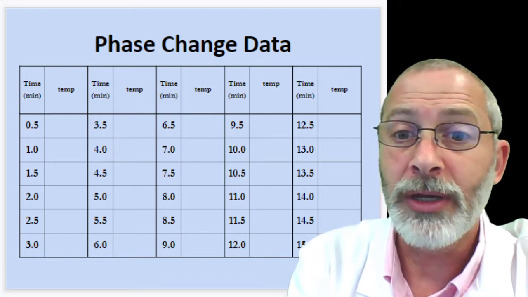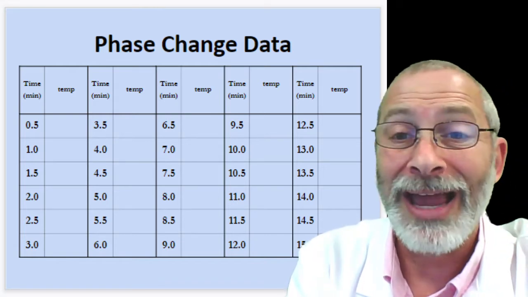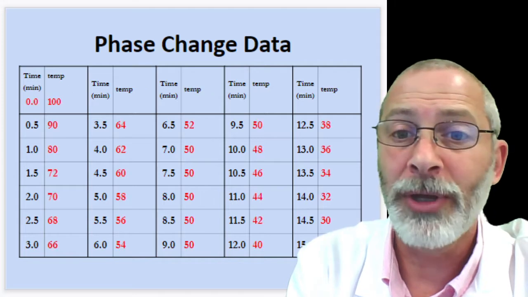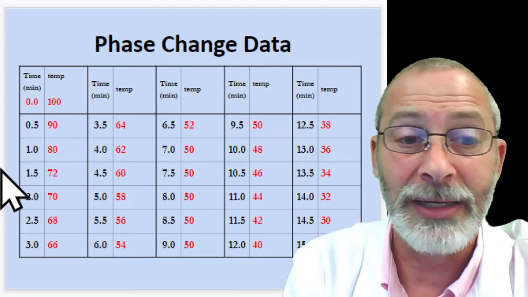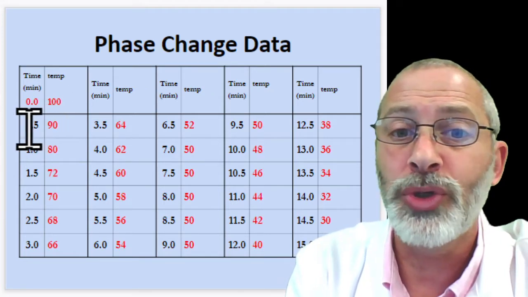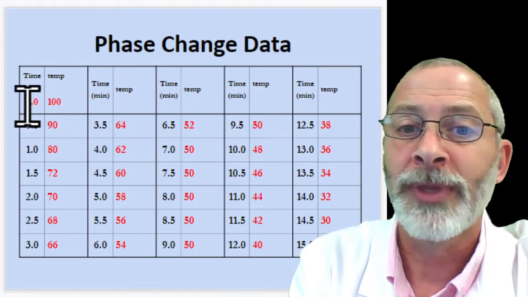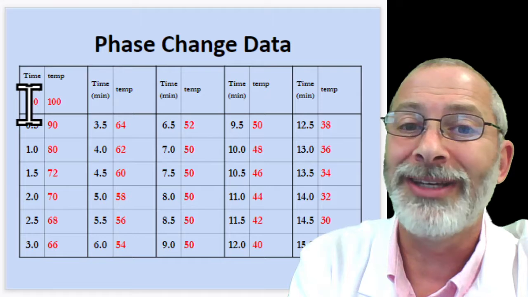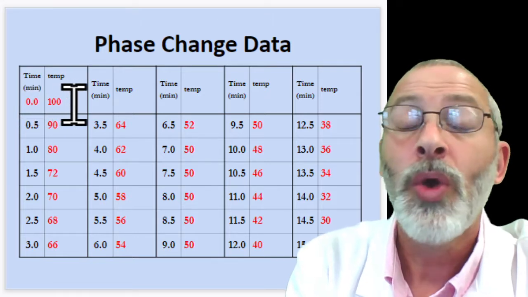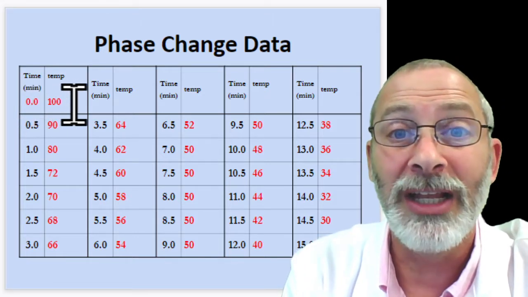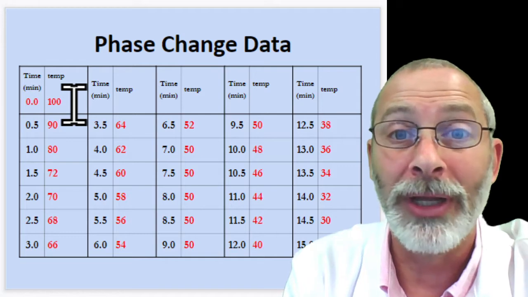And so here is our blank data table, and now I'm going to show you the completed data table, and I want to point something out to you about the initial temperature. The initial temperature at time 0 was the temperature of the hot liquid wax while it was in boiling water.